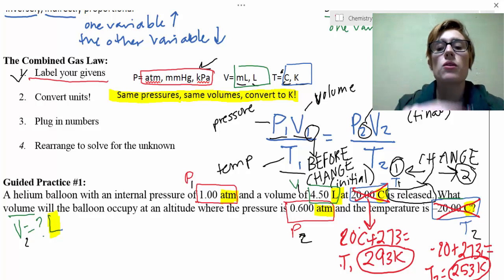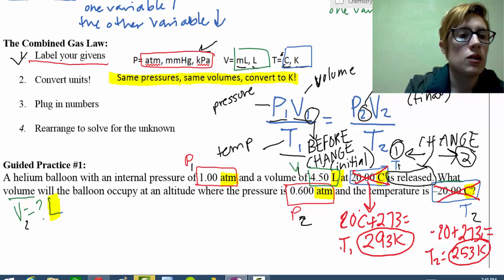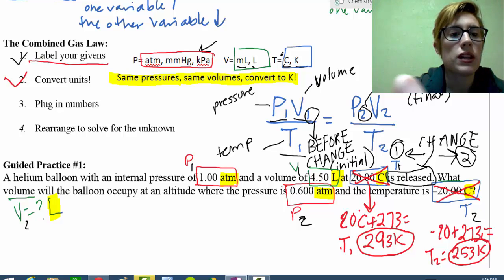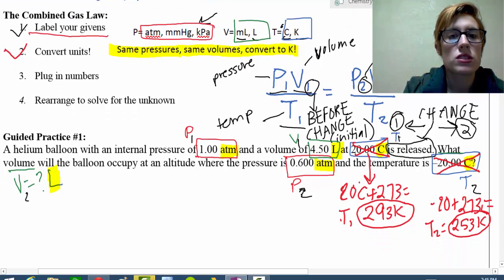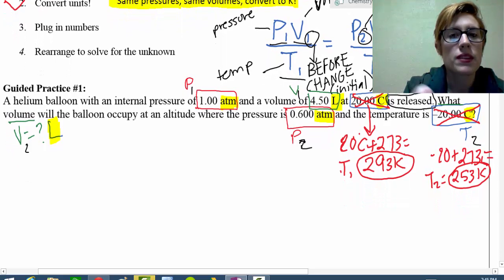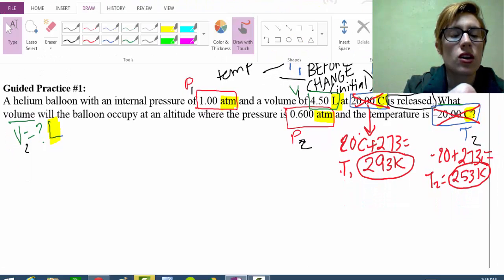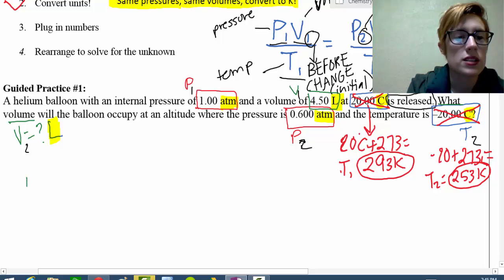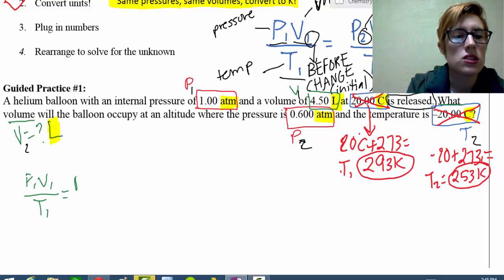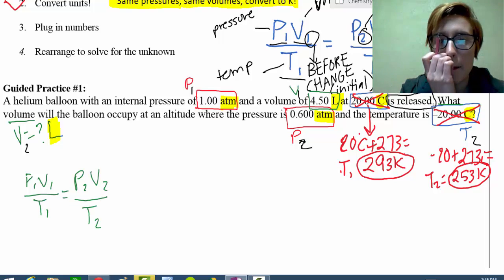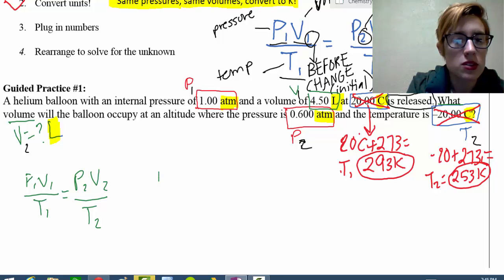Okay. So now that we've labeled everything and we've converted any units, now we can plug our numbers in. I'm going to scroll down here just a little bit. Our equation is up here, but I'm going to rewrite it. It's P1 times V1 over T1 equals P2 times V2 over T2. So let's plug those numbers in. What's P1? P1 was 1 ATM, so I'm going to put 1 here.